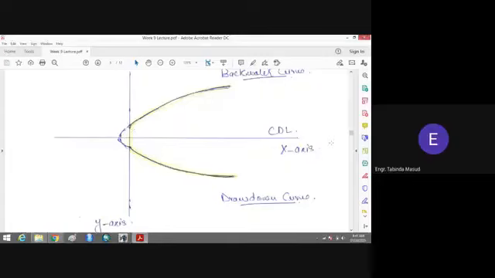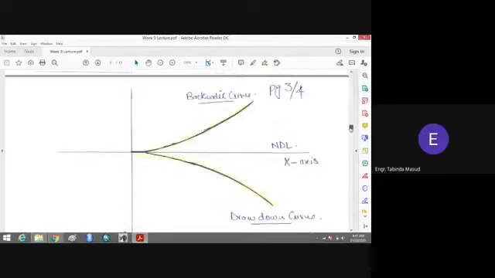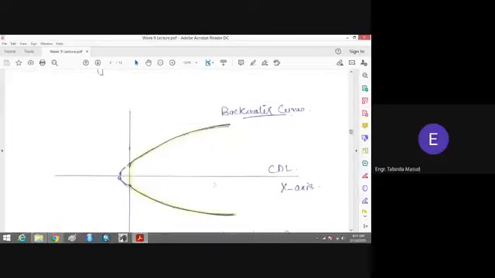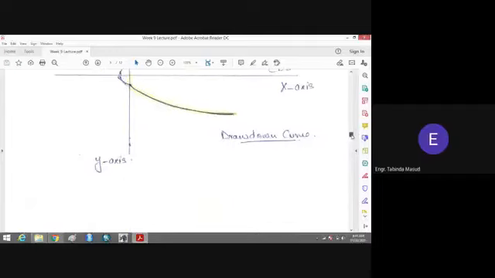Okay, so you have to remember the shape of the drawdown curve and backwater curve when they are with the normal depth line. Remember that the two lines are tangent, and these are the shapes of the backwater curve and drawdown curve when you are going to draw with respect to the critical depth line, and remember that they are perpendicular to the critical depth line. Okay.